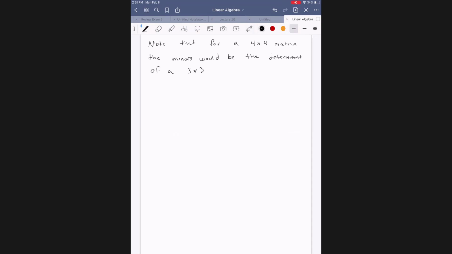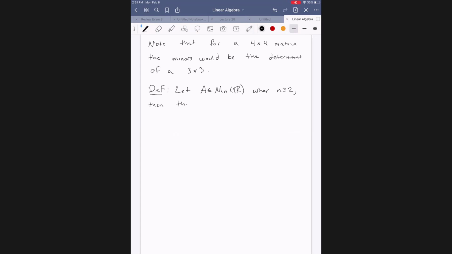So this is now the definition of determinant. Let A be a real valued square matrix, where let's say n is greater than or equal to 2.